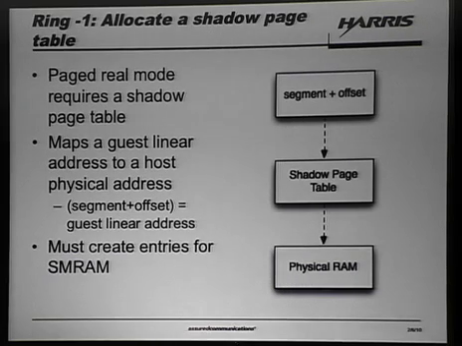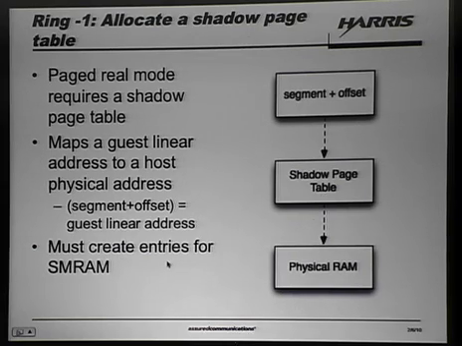All right, so again, like I said, paging real mode required this, so we had to create a shadow page table. Linear addresses in this case are actually just the segment and offset that's expected, and that's a guest linear address. We take that segment plus offset, map it through our table, and it comes out with a physical address.